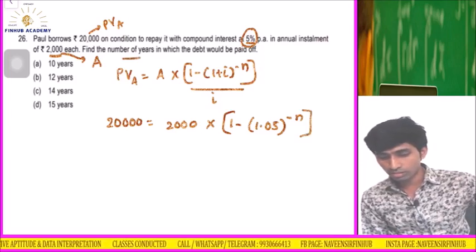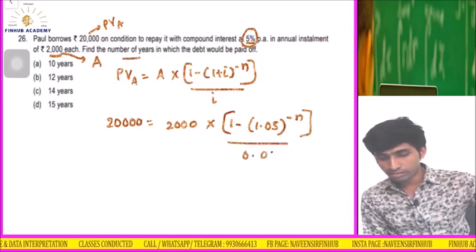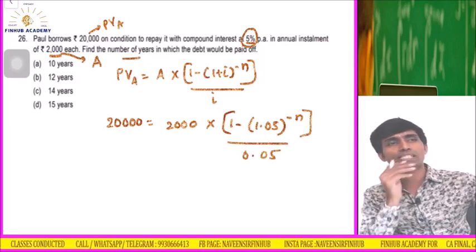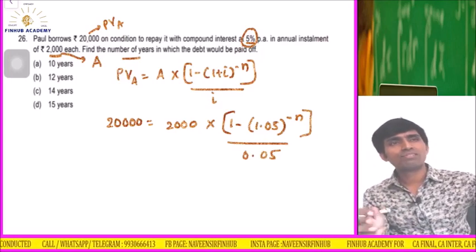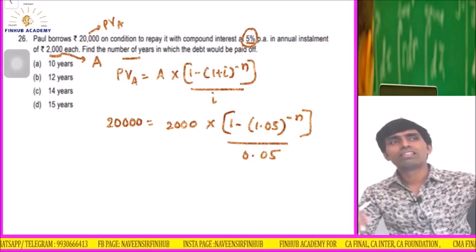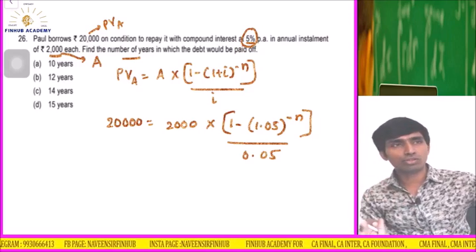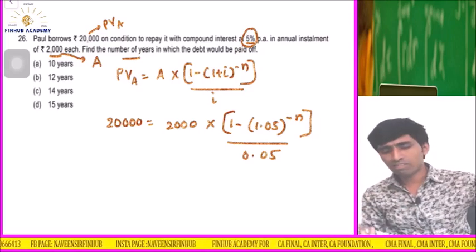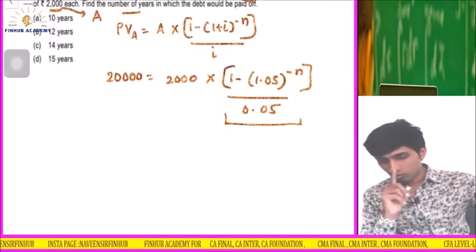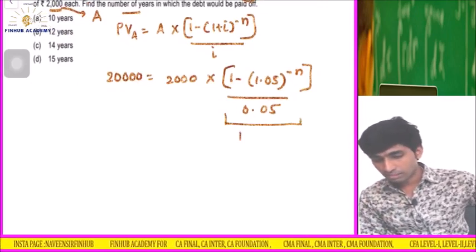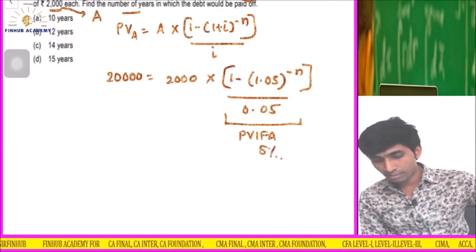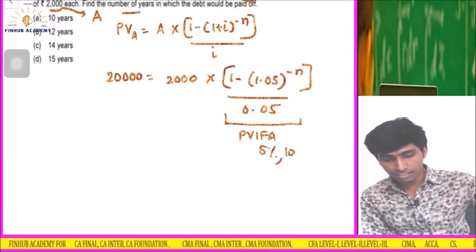I can easily use the options: whichever option I put for n, I'll calculate the factor and check whether I'm getting 20,000. Or another way, what we used to do in class, is to calculate this factor, which is PVIFA. The first option is 5% comma 10.